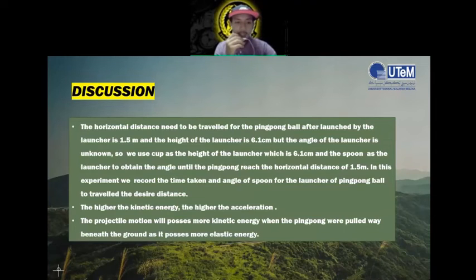So we use a cup as the height of the launcher, which is 6.1 cm, and a spoon as the launcher to obtain the angle until the ping pong ball reaches the horizontal distance of 1.5 meter. In these experiments, we record the time taken and angle of the spoon for the ping pong ball to travel the desired distance.